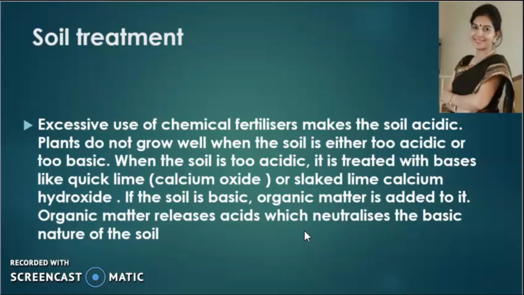So we treat the acidic soil using quicklime, which is calcium oxide, or slaked lime, which is calcium hydroxide, to neutralize the soil. And if the soil is too basic, then we use organic matter, that is compost. Organic matter consists of organic acids which neutralize the basic effect of soil. So this was about soil treatment.